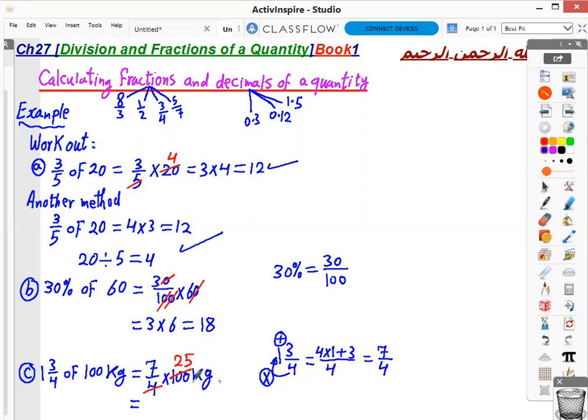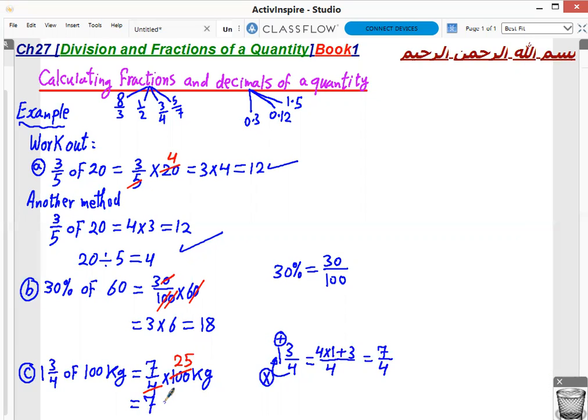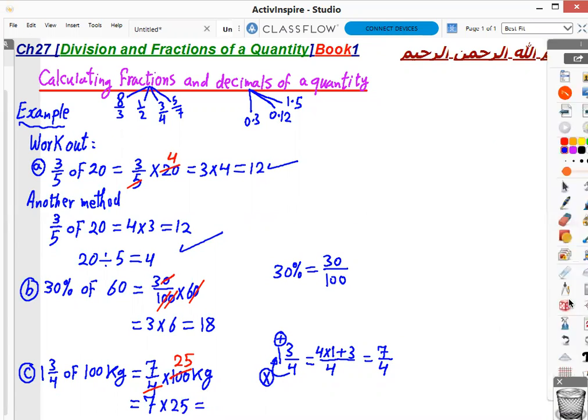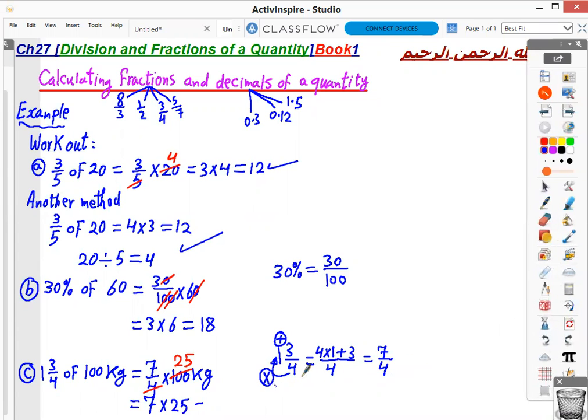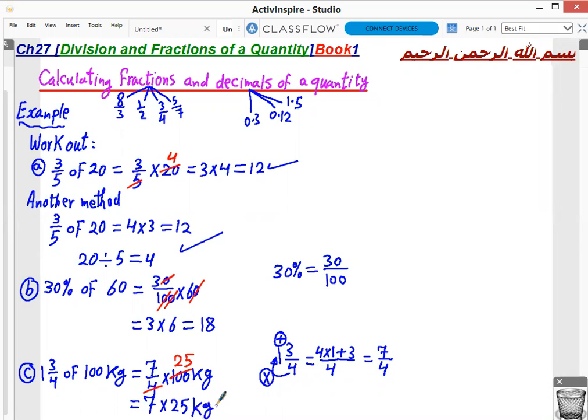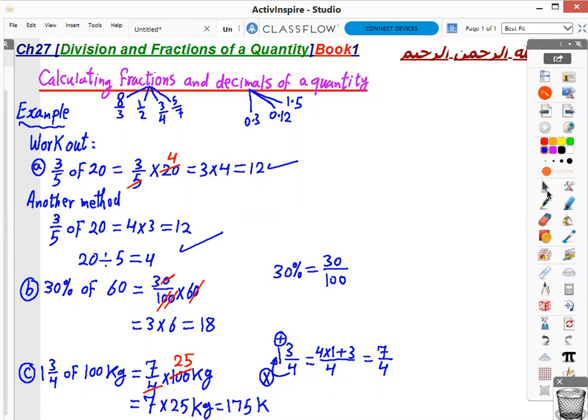Then now it will be 7 times 25, which equals 175 kilograms. You understand now?